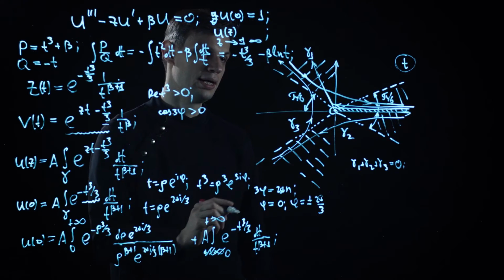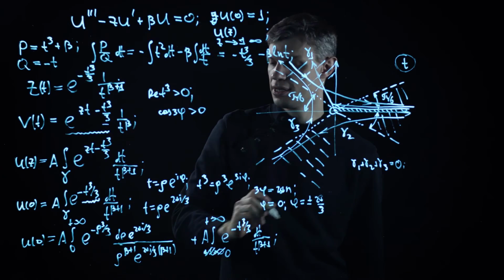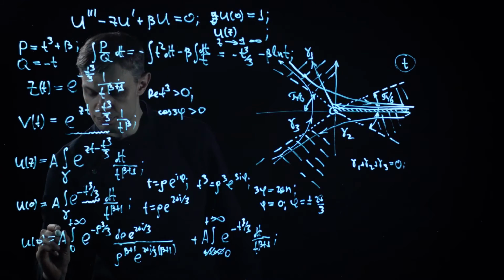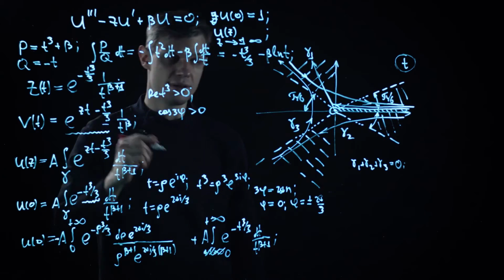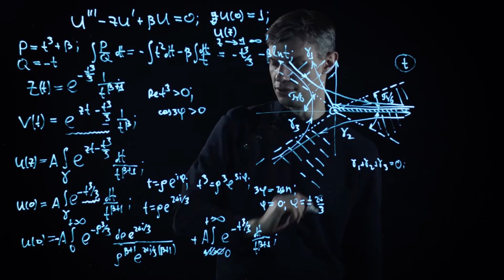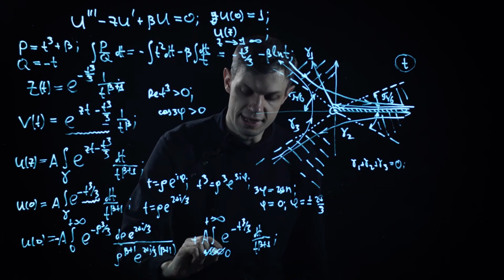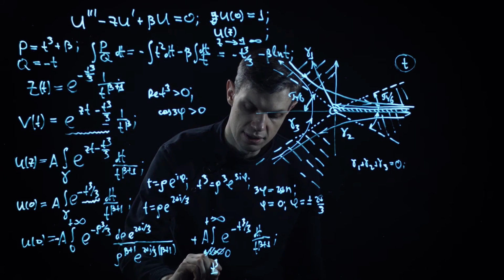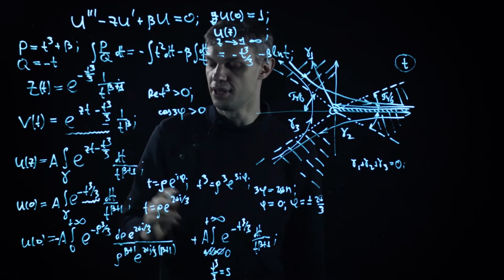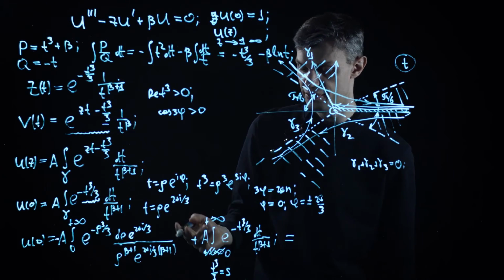Since we go from infinity to 0 and then from 0 to infinity, we should put an additional minus sign, because initially the integral is taken overall from infinity to 0. After a simple change of variables, t cubed over 3 equals s, the integrals are reduced to identical gamma functions.